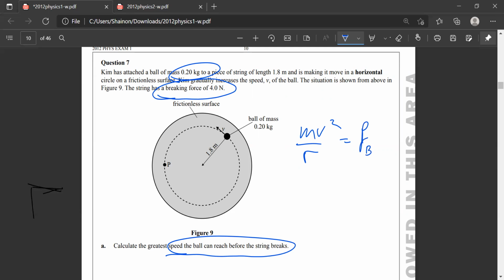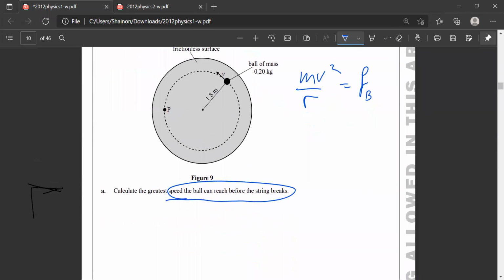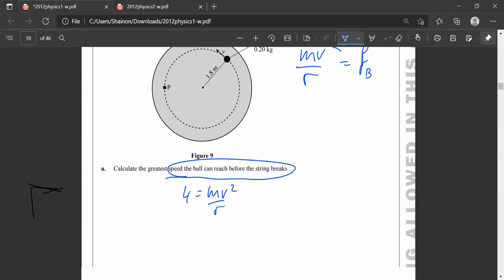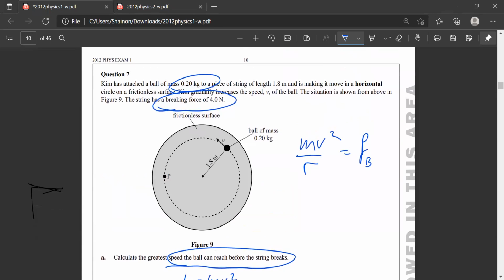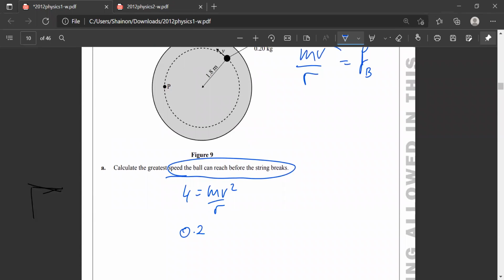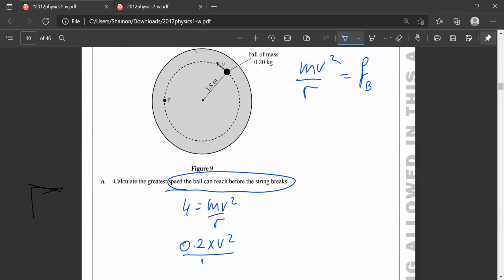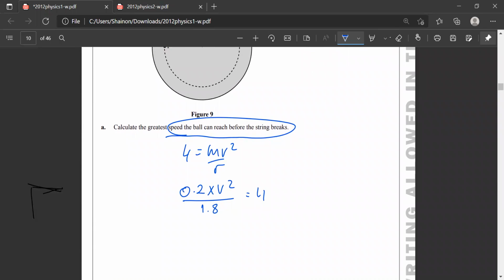FB is just the braking force, which is 4. So 4 equals mv squared over r, where r equals 1.8 and the mass is 0.2. So then you should get v equals 6 meters per second.